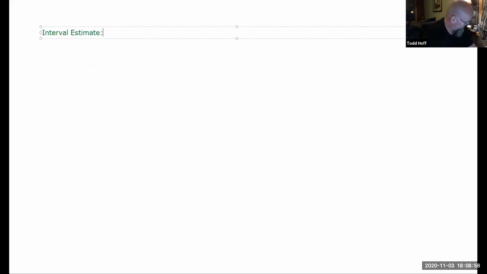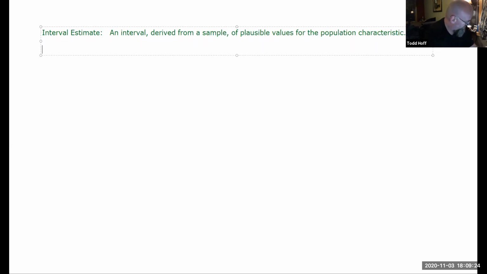For an interval estimate, we're looking at an interval, again derived from a sample, of plausible values for the population characteristic. Now, the most common type of interval estimate is a confidence interval. And that's what we're going to be using in this class.